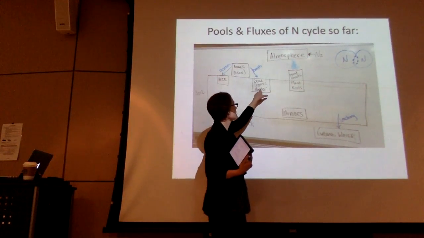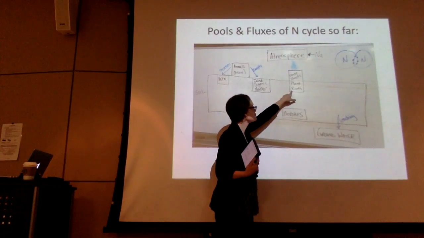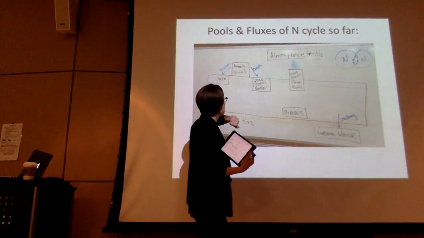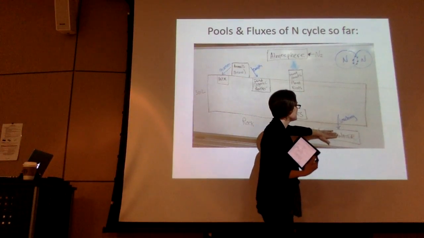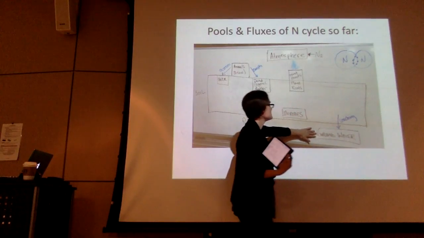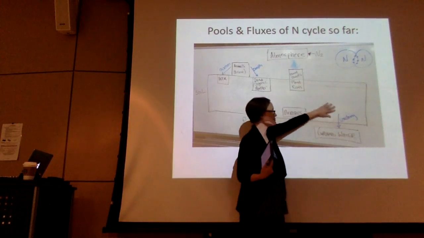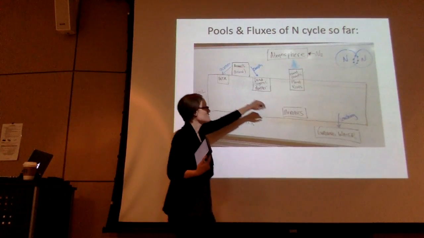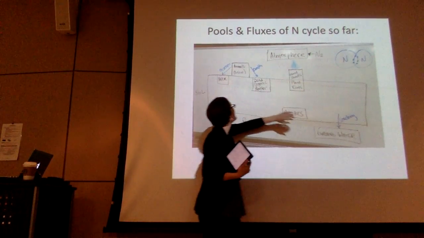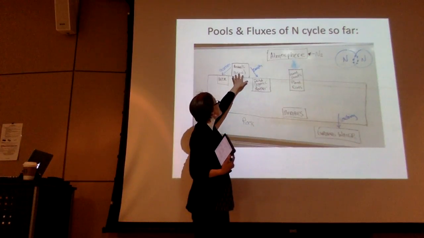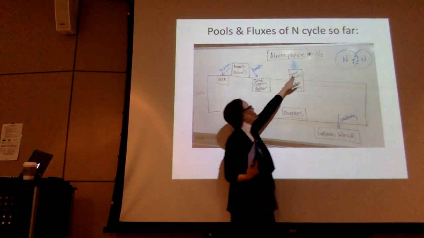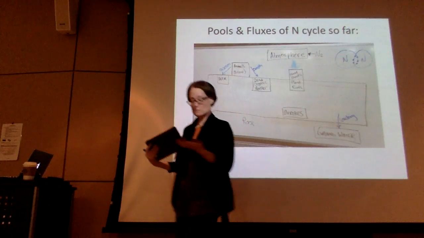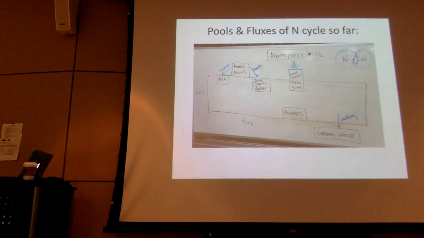Urea, dead organic matter, microbes, plant roots. We have groundwater as a pool of nitrogen; it basically starts leaking out of the soil. It's called leaching. We'll talk about it today. Animals are a pool. Plant shoots are a pool. The atmosphere is a pool, right? And so we're going to add to this image as we go.